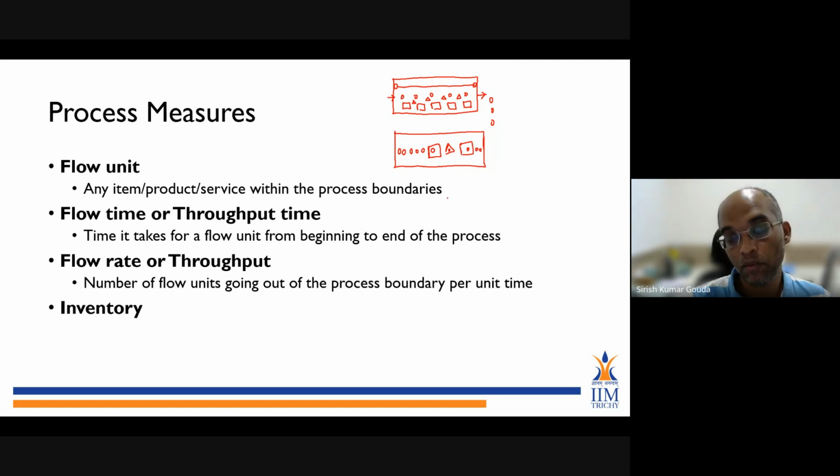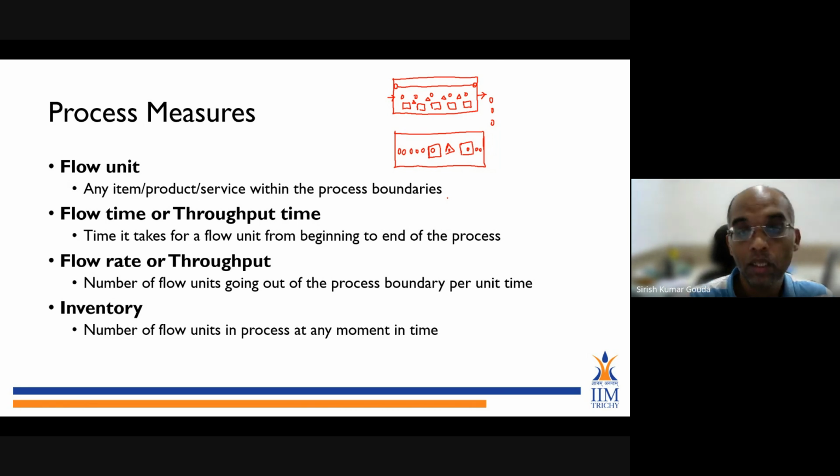Inventory is, as I define, any flow unit which is currently being worked upon but can be put to future use. That means that if you are not completing your complete process, there is something left for it to be done, and hence that is referred to as inventory.